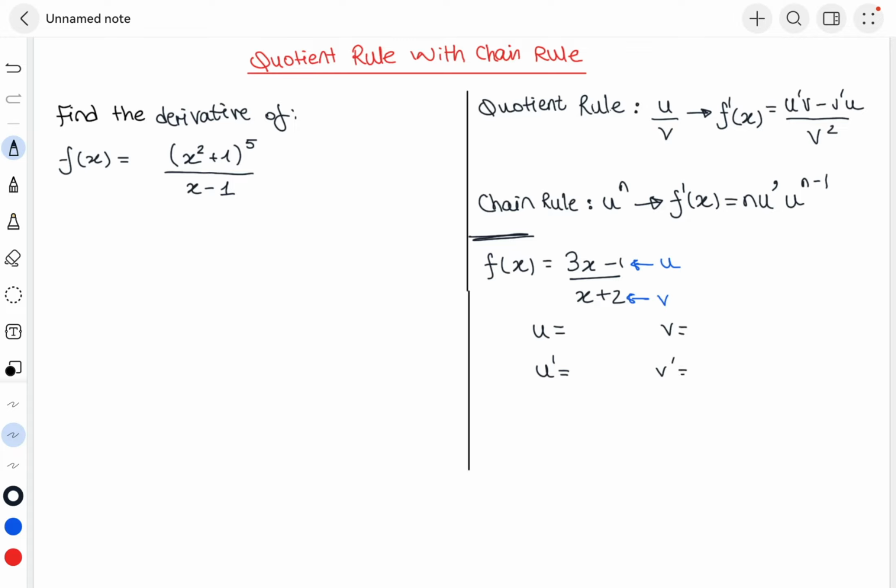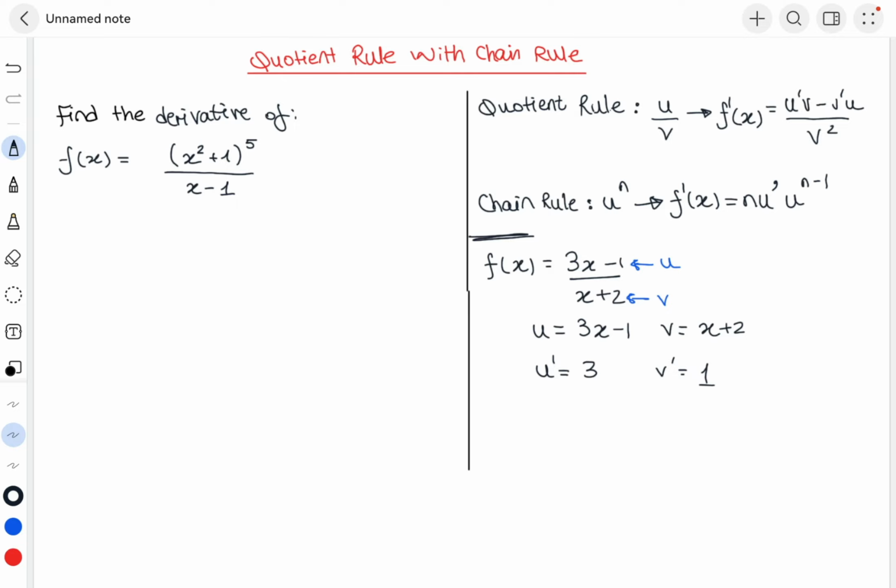So our u is 3x minus 1 and our v is x plus 2. The derivative of 3x minus 1 is 3, and the derivative of x plus 2 is 1, because the derivative of x is 1, and the derivative of 2 is 0, because the derivative of any constant is 0.